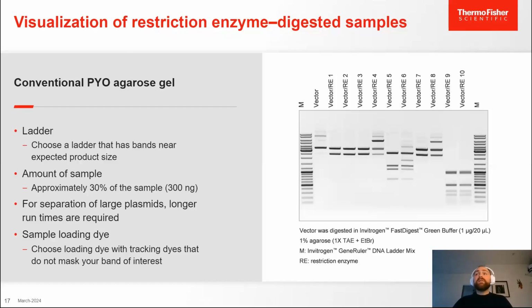As you can see, there are multiple different bands here. They probably digested it with several enzymes, and they are separated quite well. This is why it's very important to have a good density of your ladder, and to have the ladder separated properly.